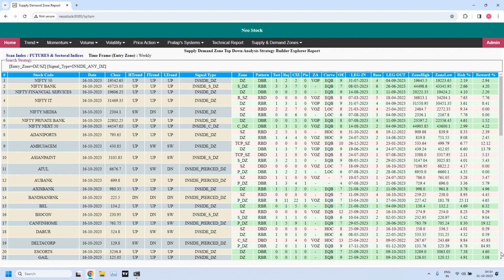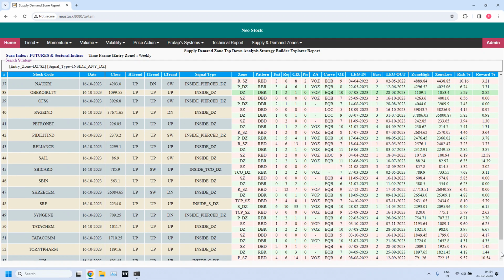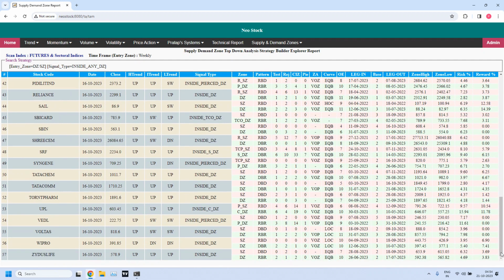Now let us see how many stocks are there for weekly time frame. So 57 stocks closed inside weekly demand zone.